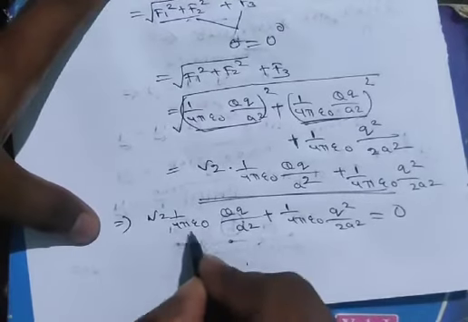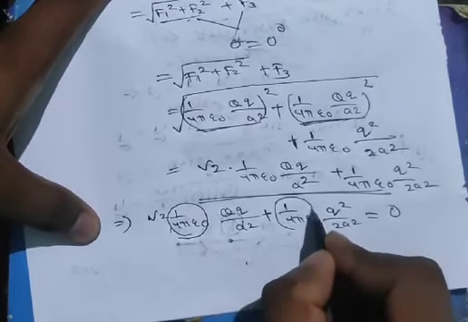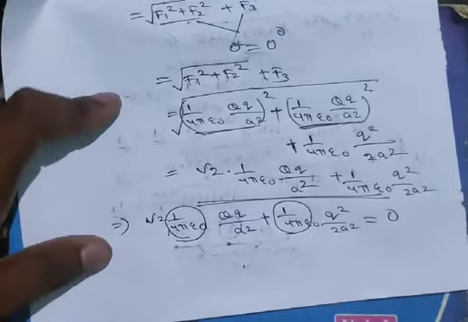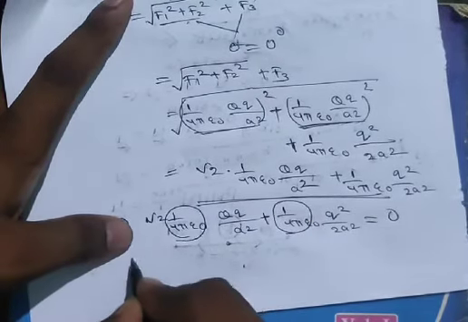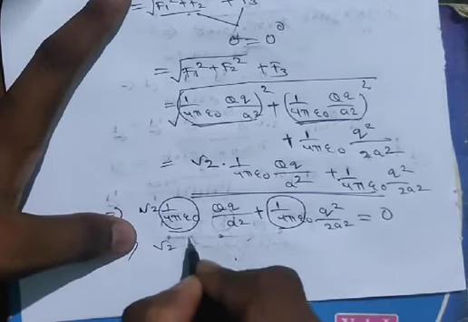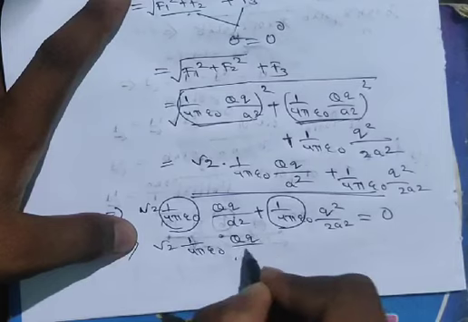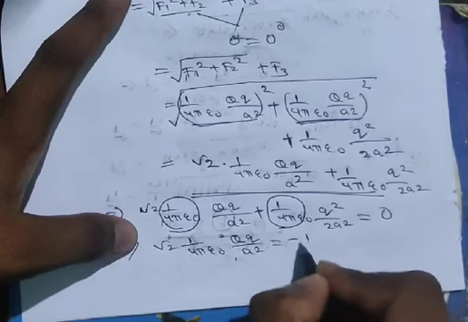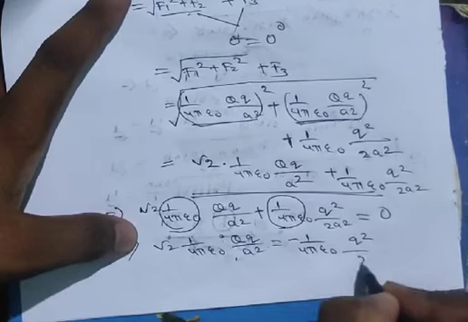Taking these to the other side, it will be root 2 into 1 by 4 pi epsilon capital Q small q by a square equals minus 1 by 4 pi epsilon q square by 2a square.